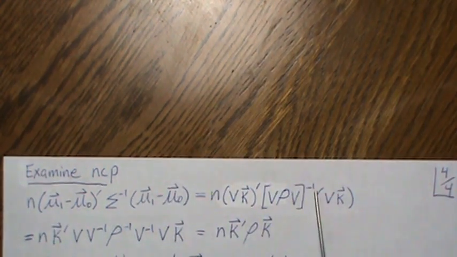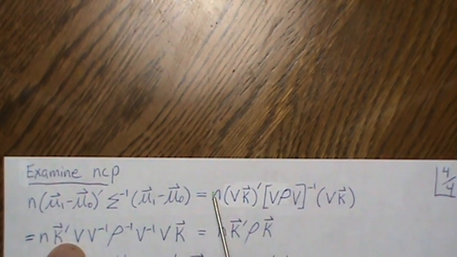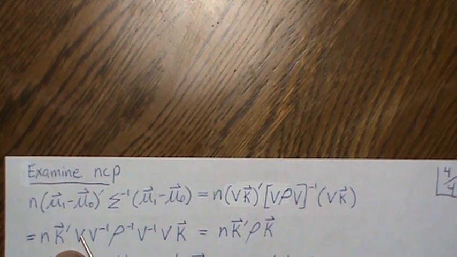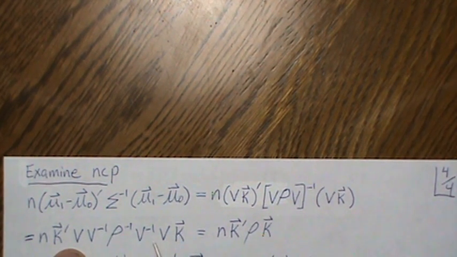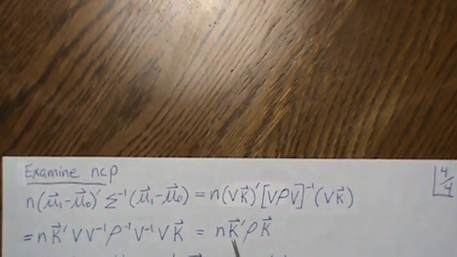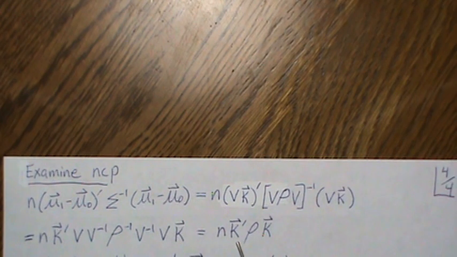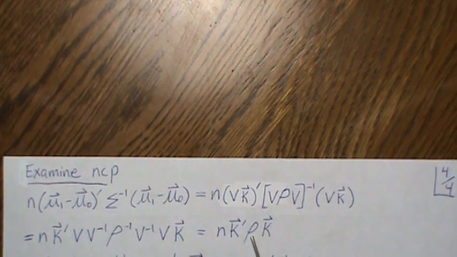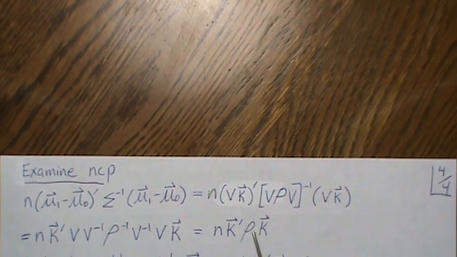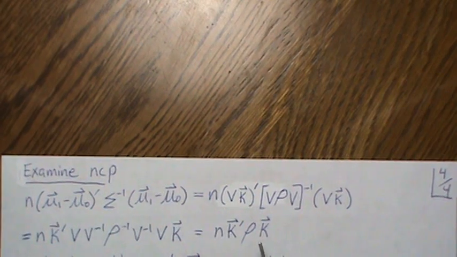When we multiply the inverse through, we get this, and we put the transpose through, and since V is diagonal, it's symmetric. Then the V's cancel, and we're left with this. It's in this k vector, which are multiples of the standard deviation shifts we want to detect, and then this is the correlation matrix.